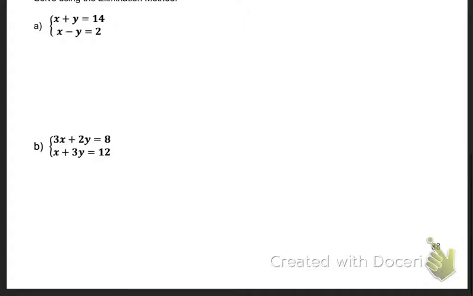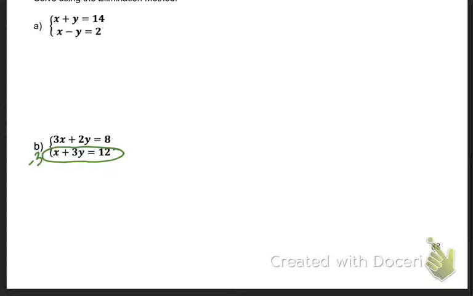Now if I look at part B, this is an example where none of them have the same coefficient with a different sign. So I'm going to need to multiply to get to that point. If I chose the x's, then I could just multiply the bottom equation by negative 3 so that the 3 and the negative 3 will get eliminated.